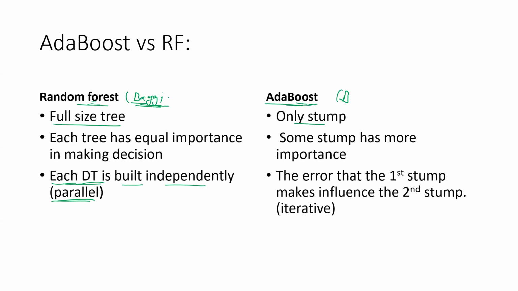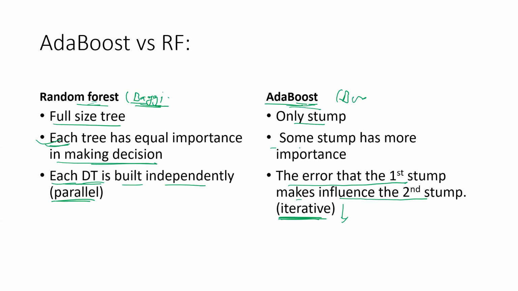But in the case of AdaBoost, it's a boosting algorithm. So the error of the first system influences the second system. So here the learning procedure goes in an iterative manner, one after the other, right? And one more thing, in random forest each decision tree has equal importance in making the decision, because we are taking the average or the majority vote.